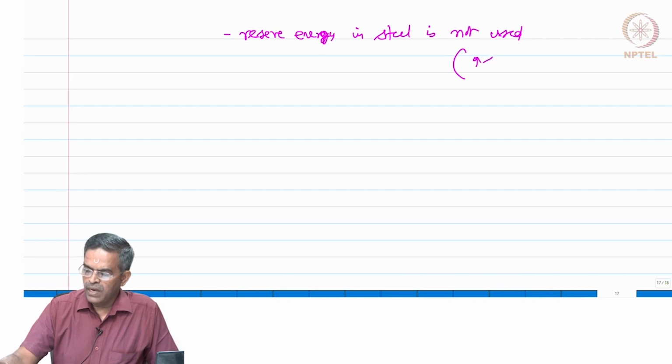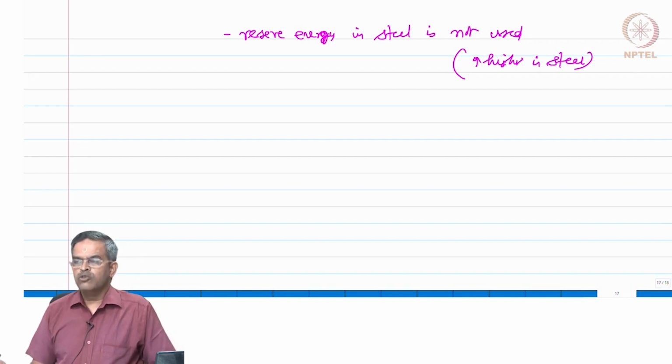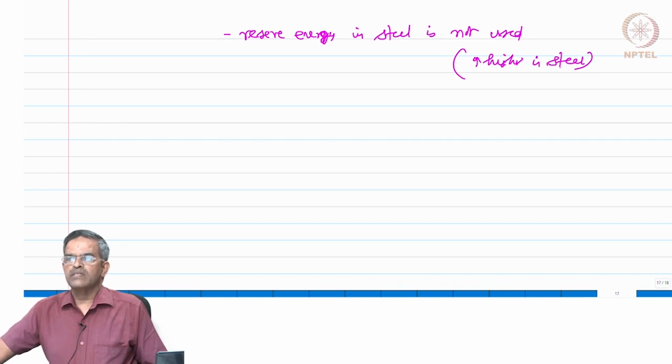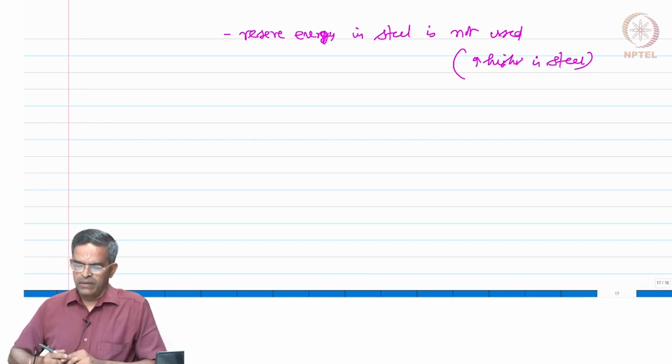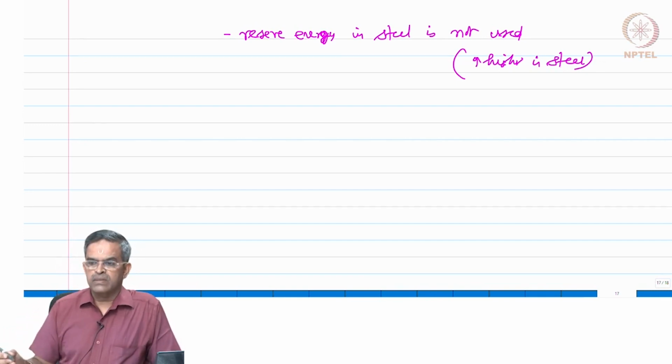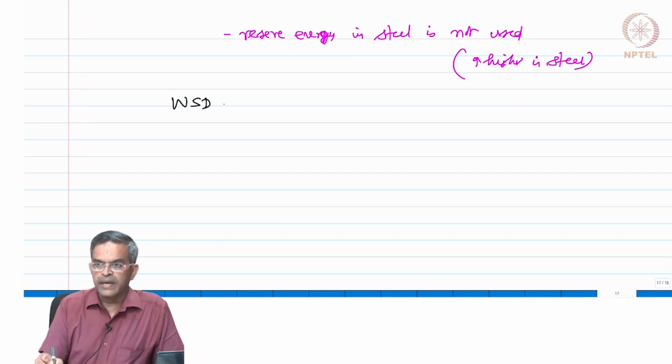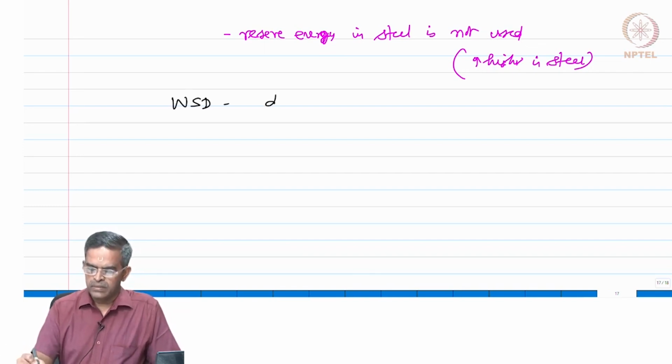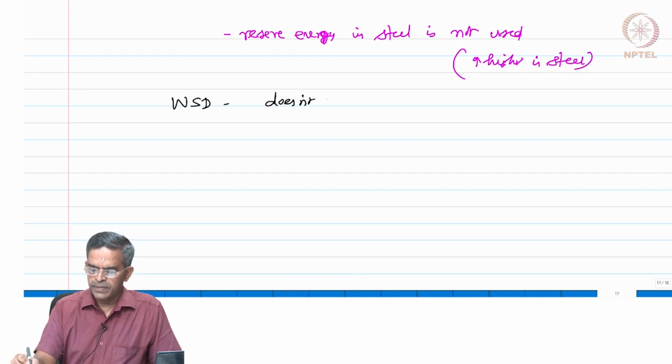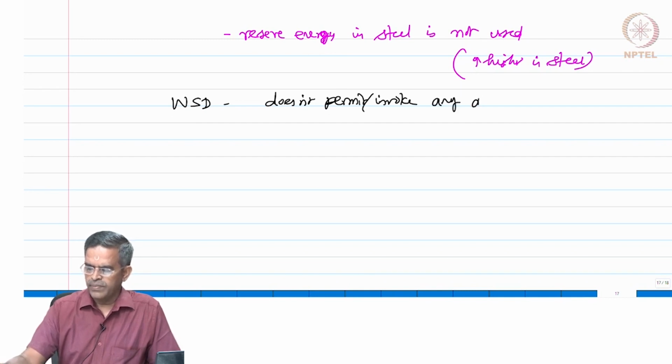And it is relatively higher in steel, and that should be accounted in the design, is it not? So, if you look at the reserve energy, before we do, let us make a comparison. The working stress design does not permit or does not invoke even any damage.